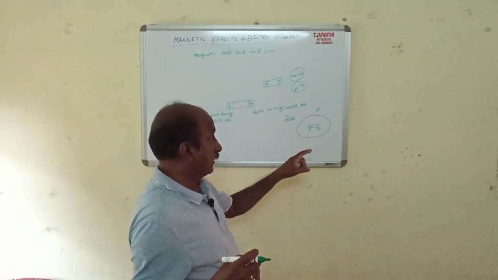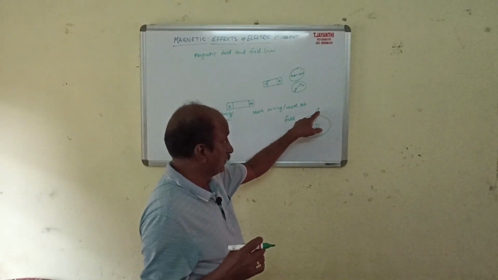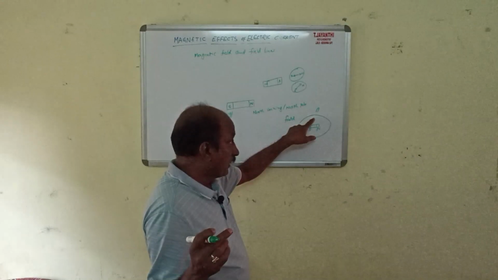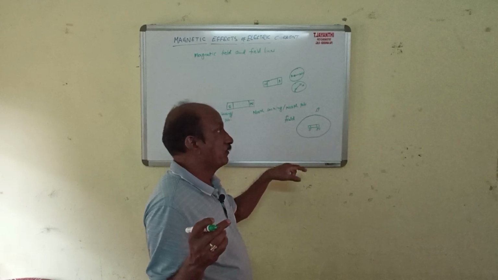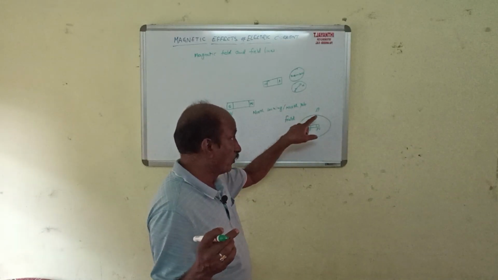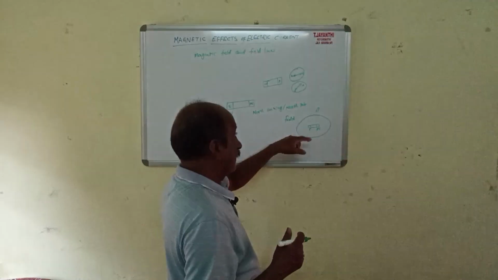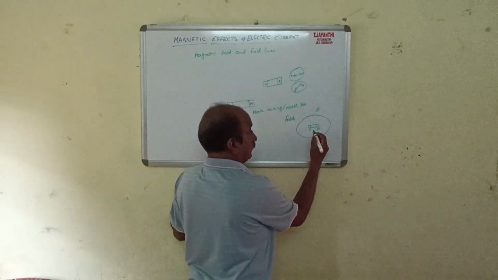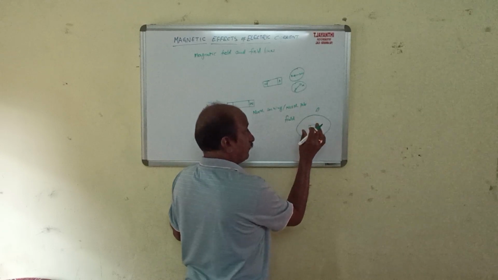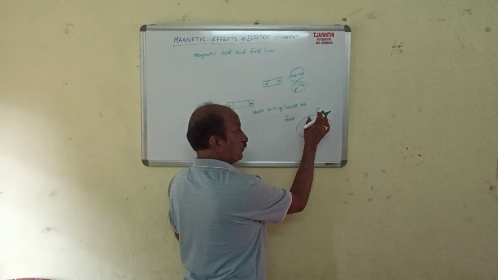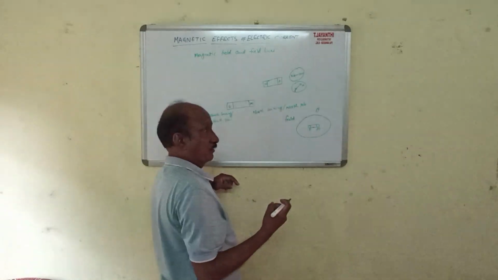The force exerted by this magnet on the safety pin or ball pin inside this magnetic field, inside this boundary, is very high. That is why magnets show very high force to attract bodies towards it.